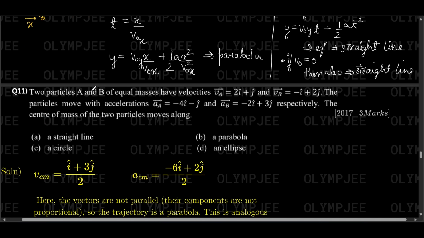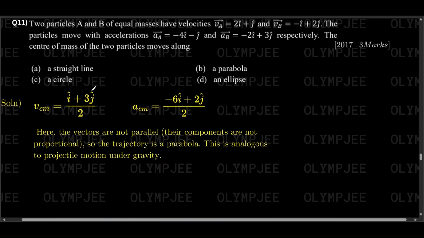Okay, so now let us solve this question. The velocity of the center of mass, which is given by (VA + VB)/2, comes out as this, and the acceleration of the center of mass, which is given by (AA + AB)/2, comes out as this.